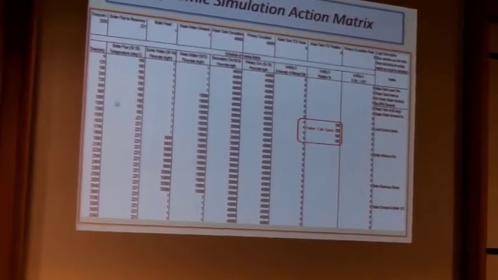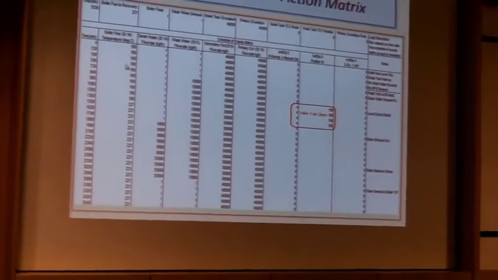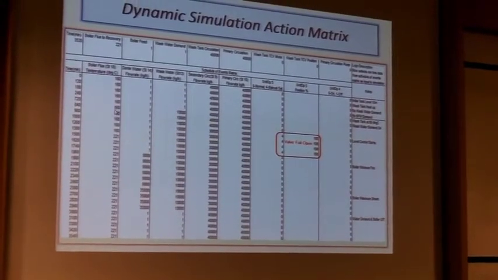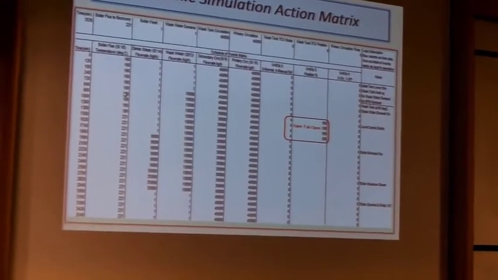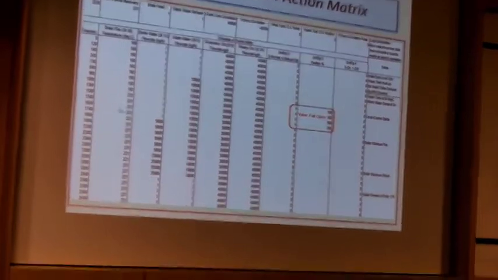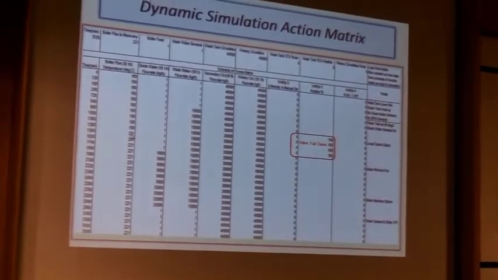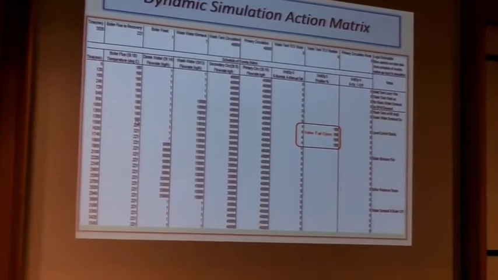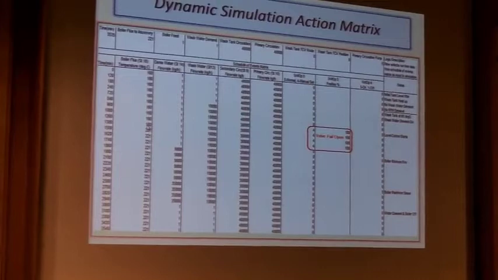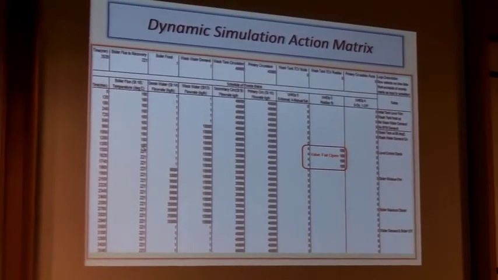So what I've set up here is a matrix of values that are going to be fed into the simulation at various times. So you can see at 1500 minutes, I'm changing the flue gas temperature to 221 from 160. So I'm doing a step change to see how the control system responds.